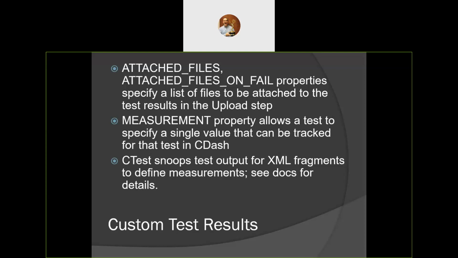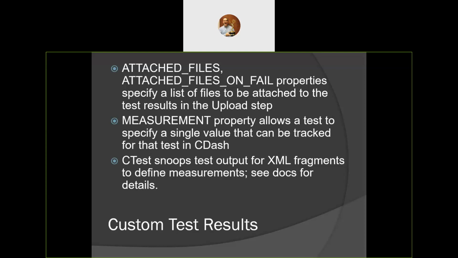The details of that are in the documentation, but if you need to track a trend of measurements that can only be obtained by running the test, say it's a performance measurement, or any other kind of measurement that you want to track as a trend over time, you might want to have your command run a test executable that is set up to output these XML fragments, and they'll be scraped up by CTest and included in the test results that are populated in CDash.